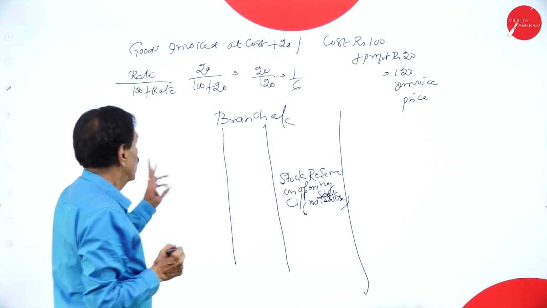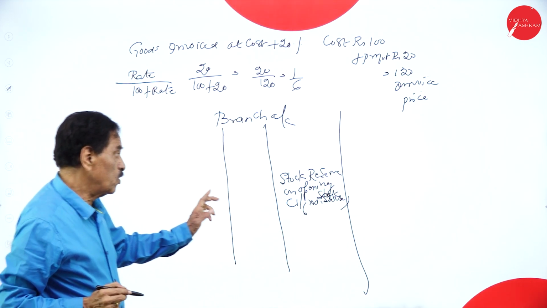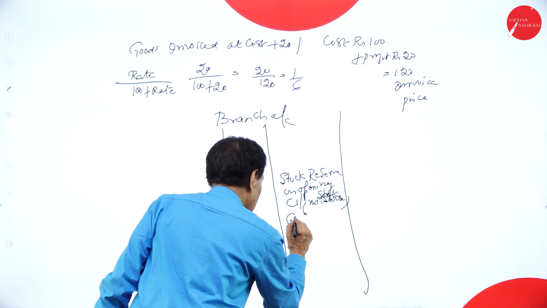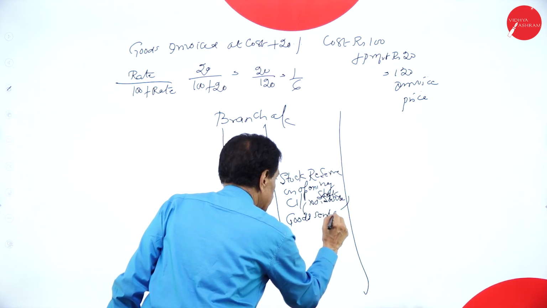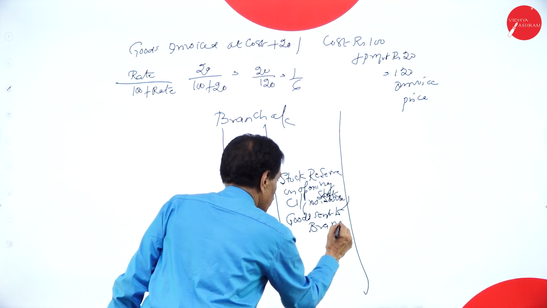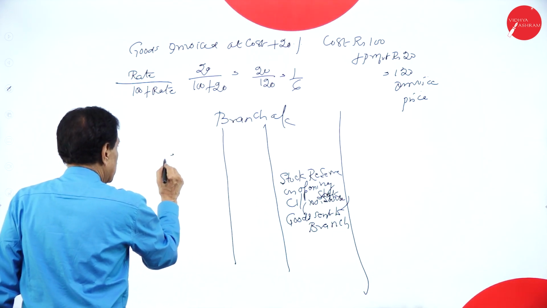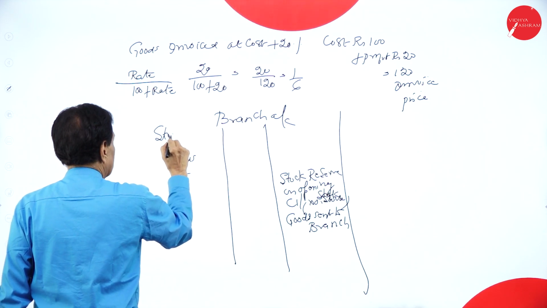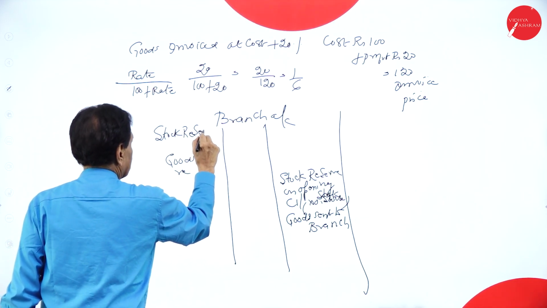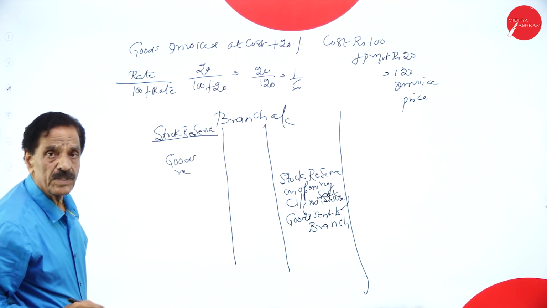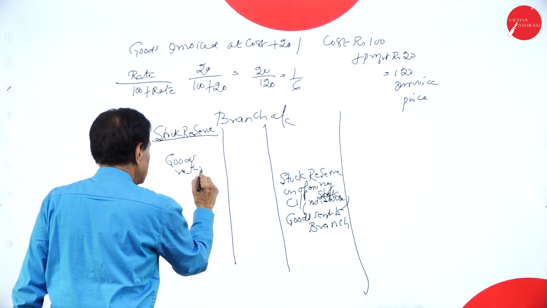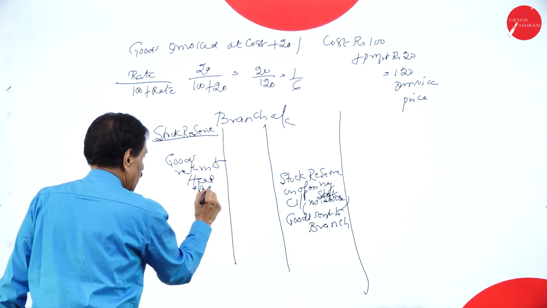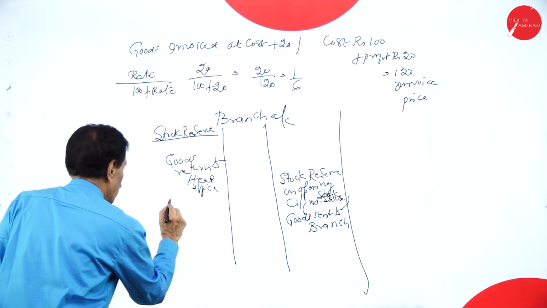Goods will be sent at invoice price. You have to calculate the stock reserve: 1 on opening stock. Next is goods sent to branch, stock reserve. Here, goods returned to head office, stock reserve. You have to calculate it on goods returned to head office, and on closing stock.